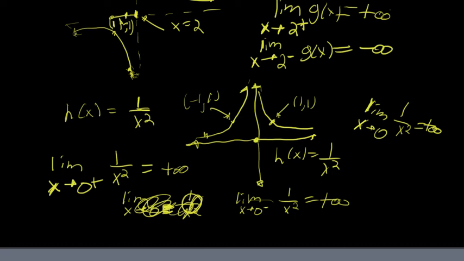Well, that's going to be the same as the value of h of x when x equals negative 0.0001. And the closer you get to 0, the more zeros you add after the decimal point, whether they're positive or negative, h of x is going to be the same. So some people say this is positive infinity, some say it doesn't exist.